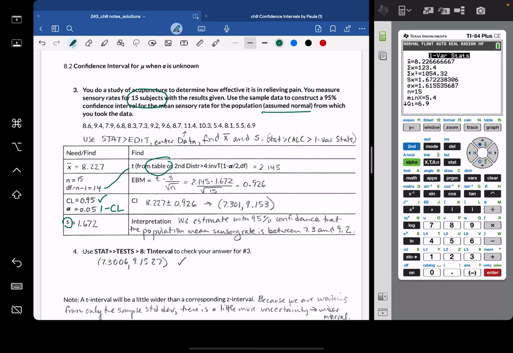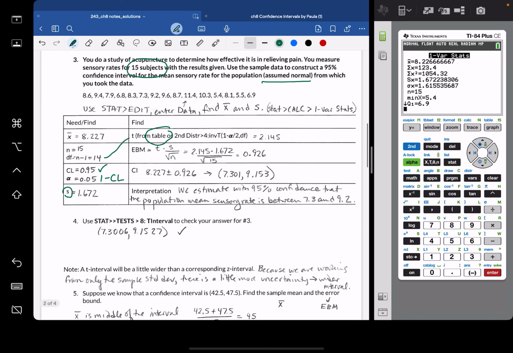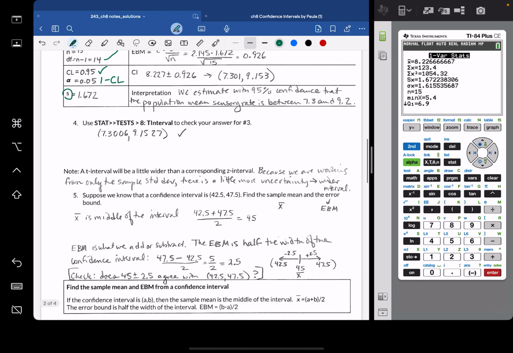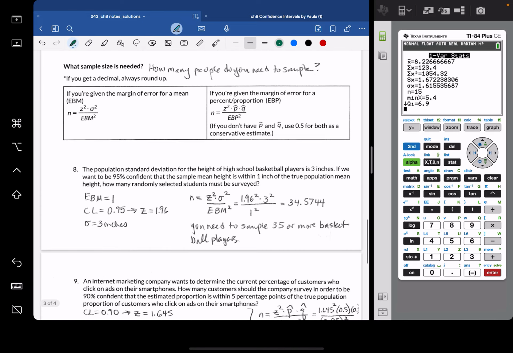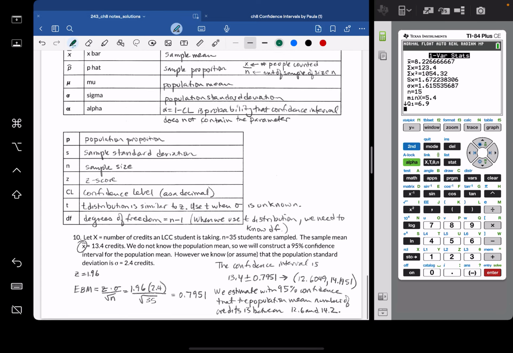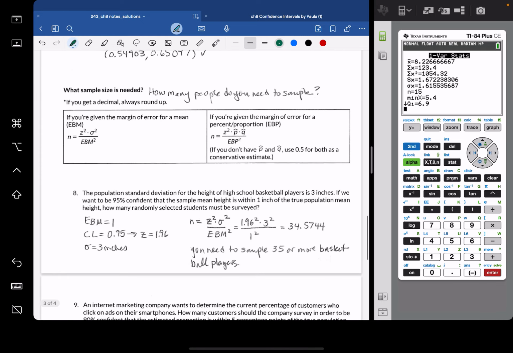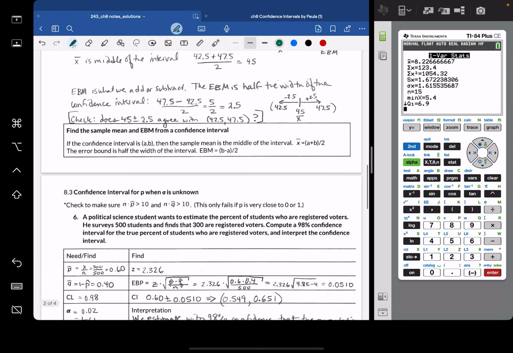So in order to find t in our table, which I have linked in the to-do list, let's just remember that we're doing 95% confidence and our degrees of freedom is 14. And I think I have the table attached to your PDF. Oh, I do not. Okay, I'm going to have to bring that over for you.